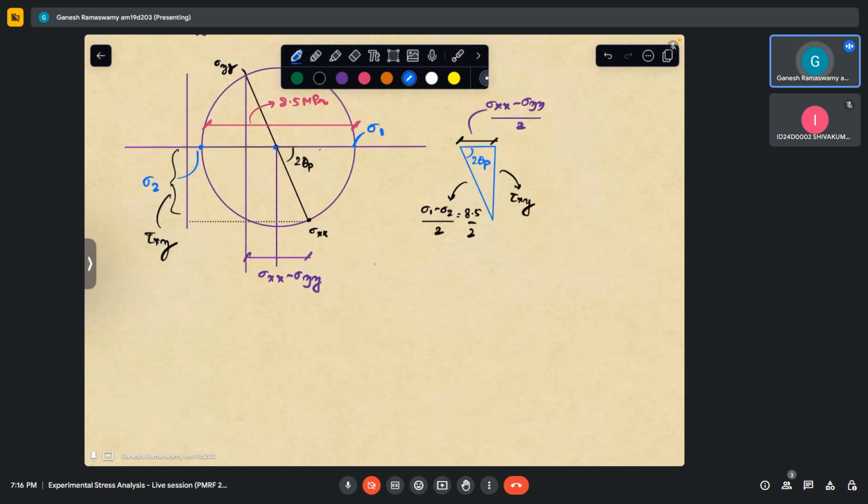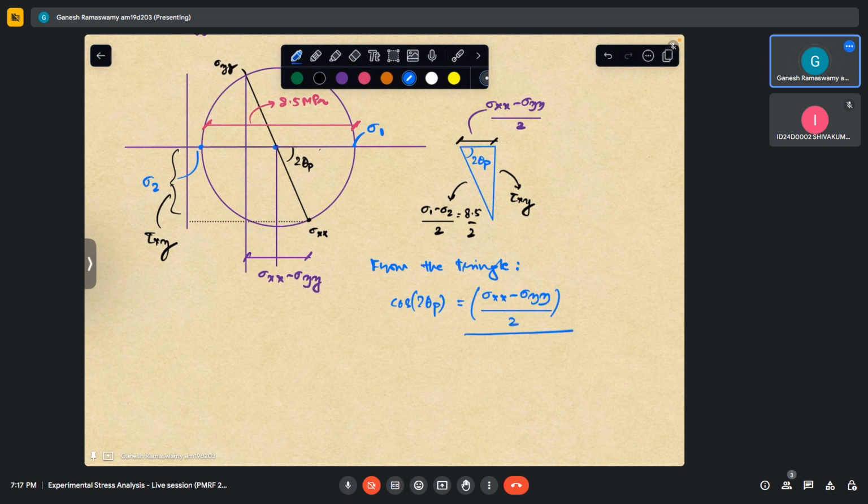So from the triangle, cos 2 theta p is nothing but adjacent by hypotenuse, which is sigma xx minus sigma yy by 2 divided by sigma 1 minus sigma 2 by 2.